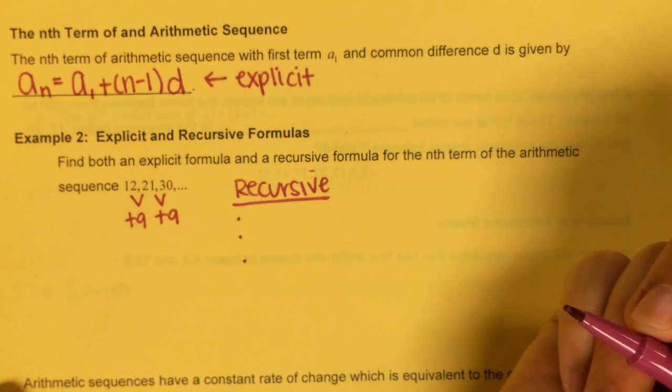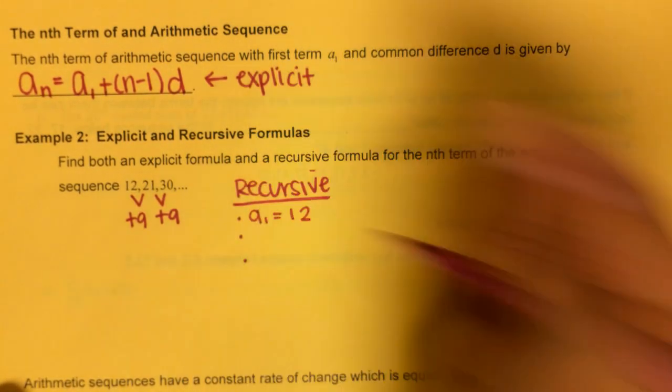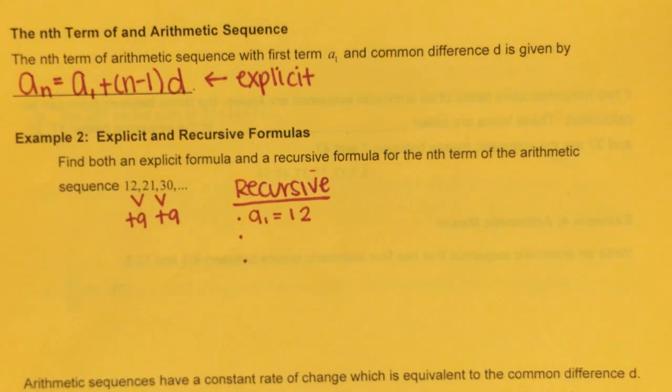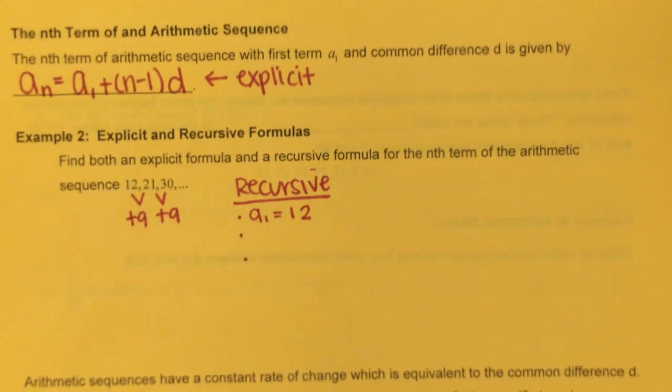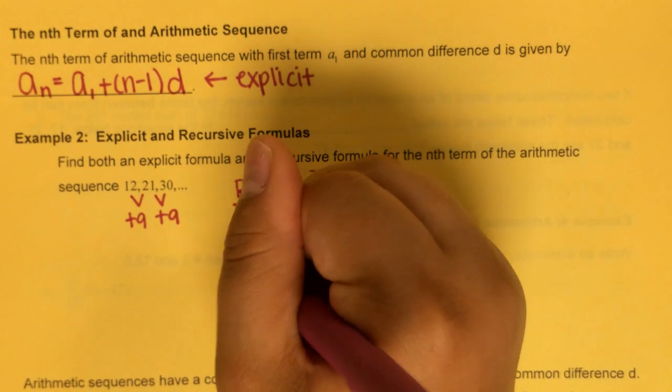A of 1 is 12. Is the first point. What's the next one? Thank you so much. Okay. Jackson, what do I do next? I could do the domain at the bottom.